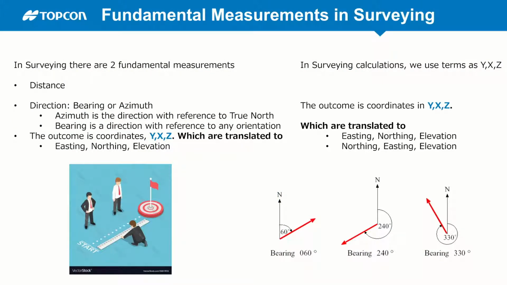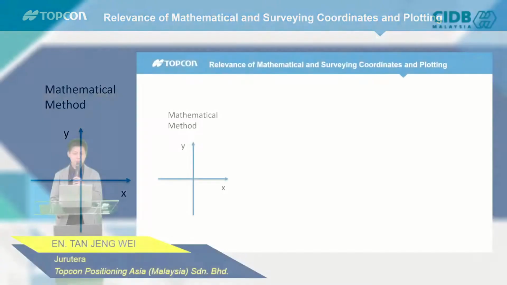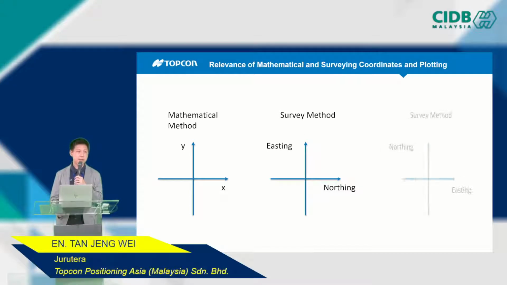The outcomes of these measurements are X, Y, Z, which sometimes we call easting, northing, and elevation. In mathematical methods, normally we refer to them as X, Y, and in survey methods, we call them easting, northing.